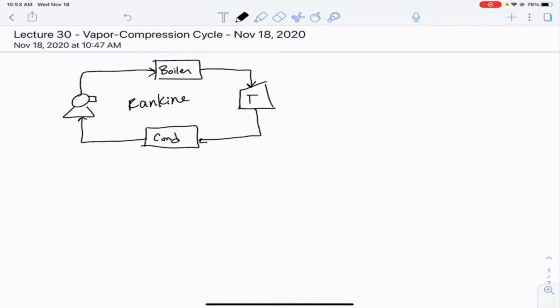Now, if we're going to look at a vapor compression cycle, which is the typical refrigeration cycle that we're going to be looking at, there are still 2 stages where we are going to heat the fluid and cool the fluid. Where we add heat, which again in a refrigeration cycle is at the cold temperature, is in the evaporator.